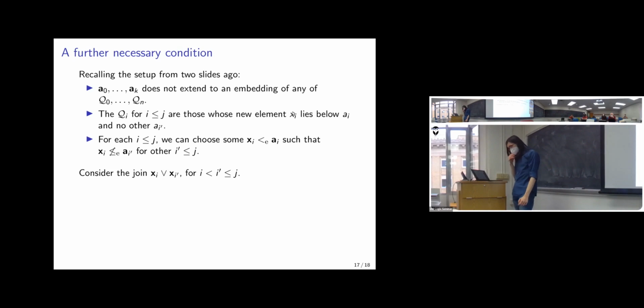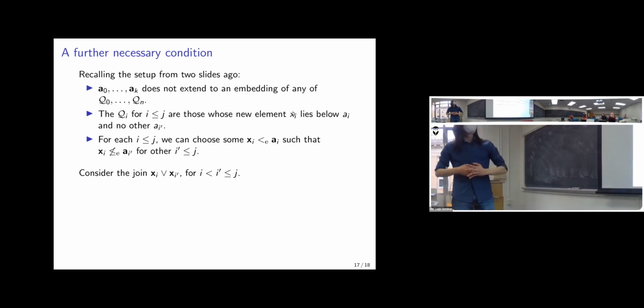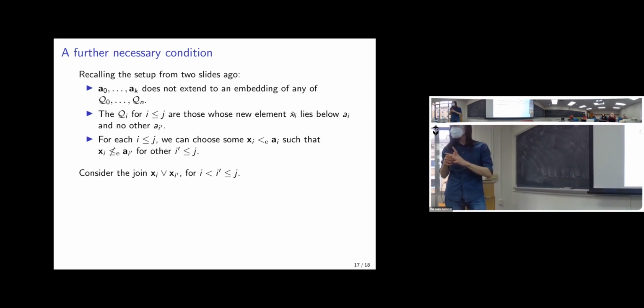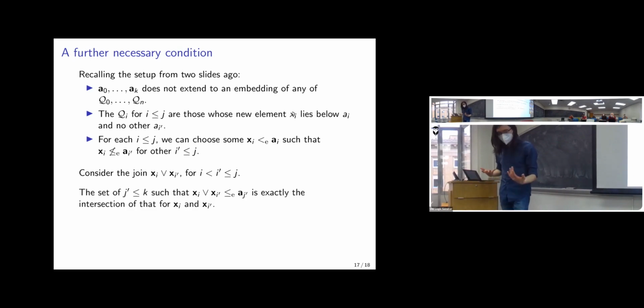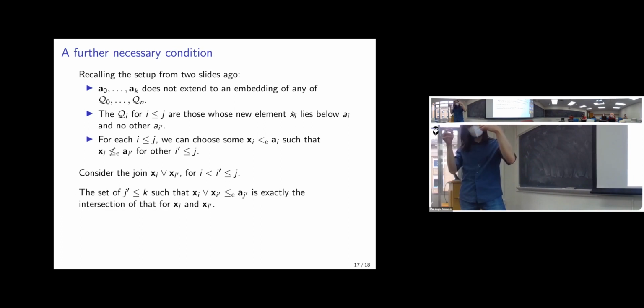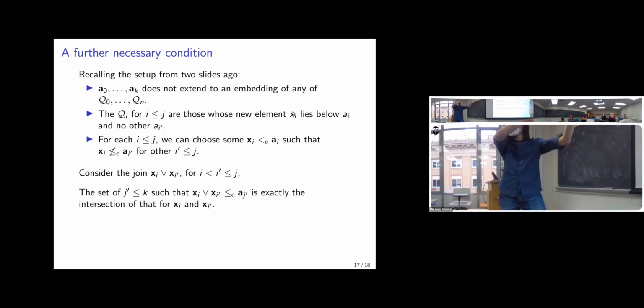Now, what can we do here? Consider the join. In this upper semi-lattice, we have a join. So consider the join of xi and xi prime, where i and i prime are distinct. And now the point is, the set of j prime such that the join is below aj prime is exactly the intersection of the set of j prime such that xi is below aj prime and the set of j prime such that xi prime is below aj prime.